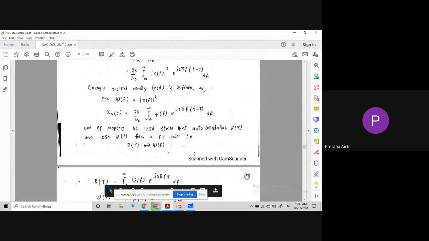We know that from the property of the energy spectral density, the autocorrelation function and energy spectral density form a Fourier transform pair. That is, the Fourier transform of the autocorrelation function is the energy spectral density psi of f.